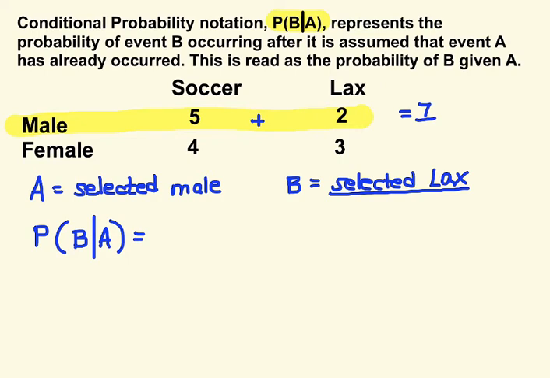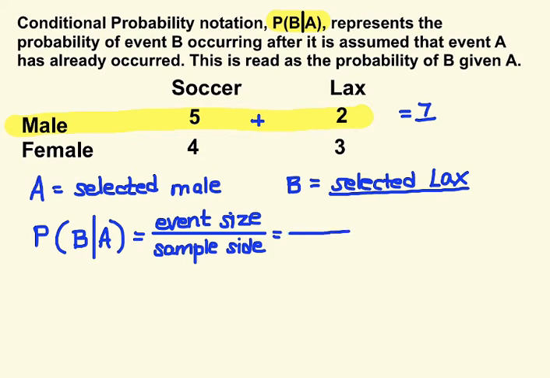So that's going to be our event size over our sample size. When we do probability, it's our event size over our sample size. And because we know that A has already occurred, that we've already selected a male, our sample size is reduced to 7.